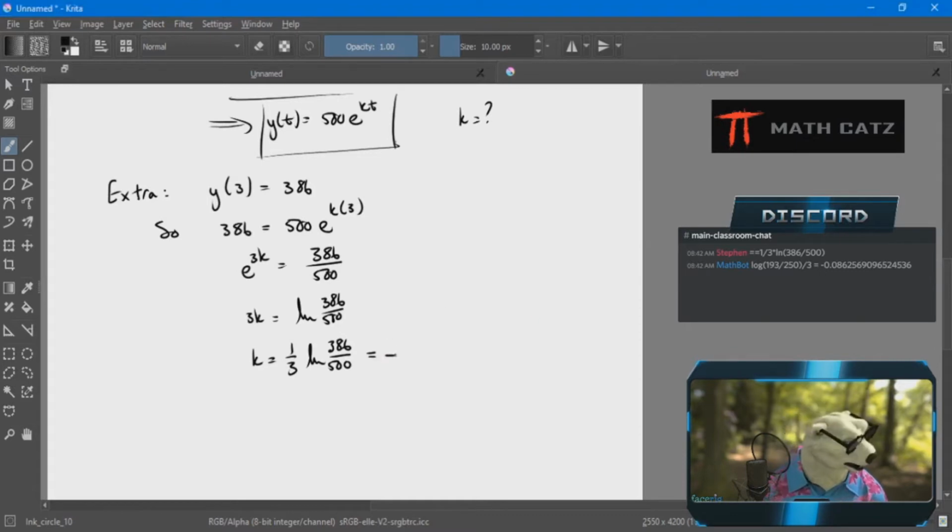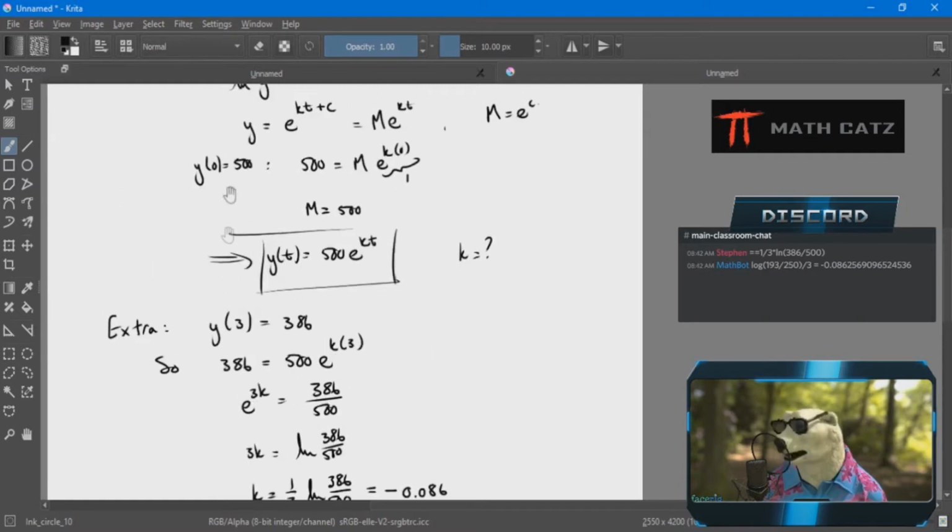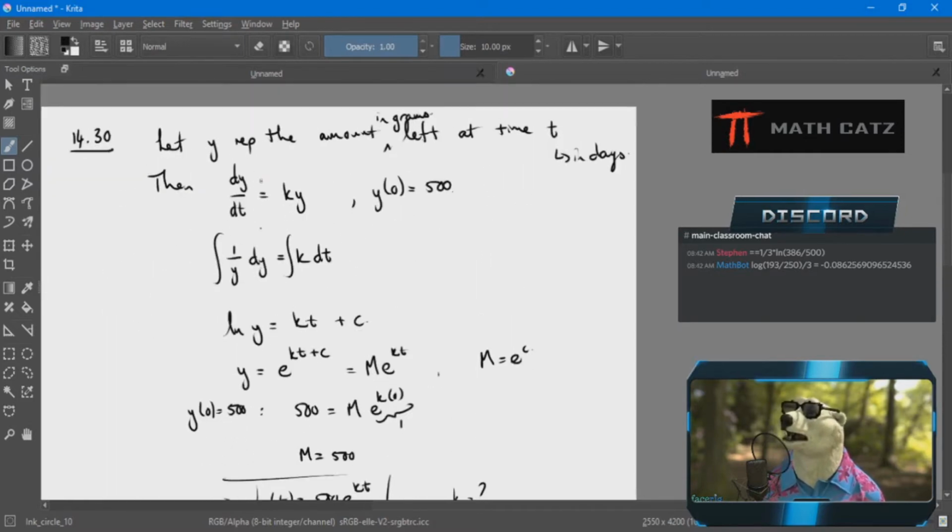I get negative 0.086. So negative because the rate of change is negative. Remember the rate of change is k times y. Y is always a positive number. So if I'm going to decrease, then the k has to be negative to make the derivative negative.